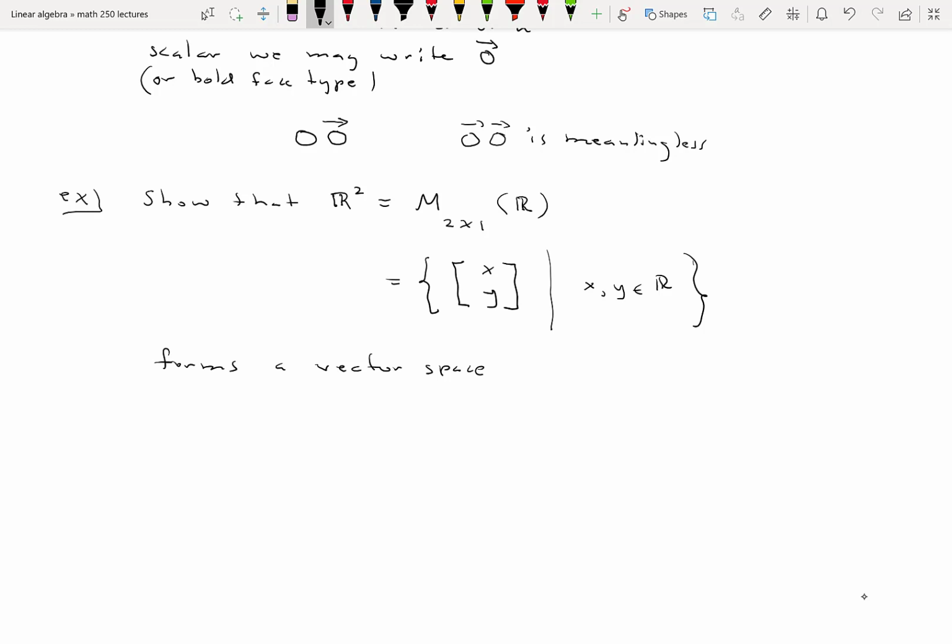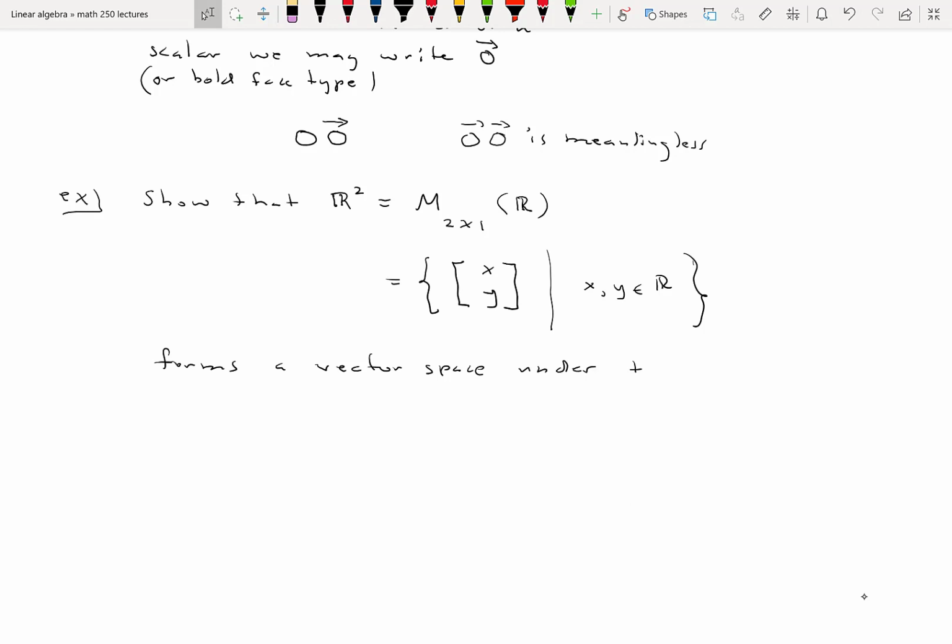What's missing? Well, R2 is definitely not an empty set, so it's a non-empty set. There have to be two operations, and if you want to show that something's a vector space, you have to state what your two operations are. So it forms a vector space under what two operations?